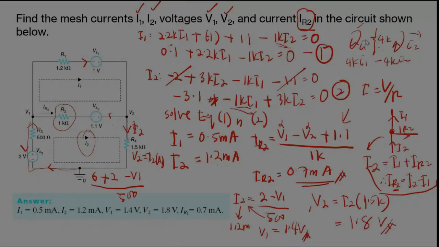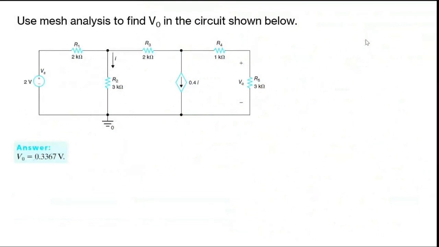Okay. So we move on to another mesh analysis where here actually you have a super mesh. You have this super mesh because how many meshes do you have for this circuit? 3. Okay, 3, right?